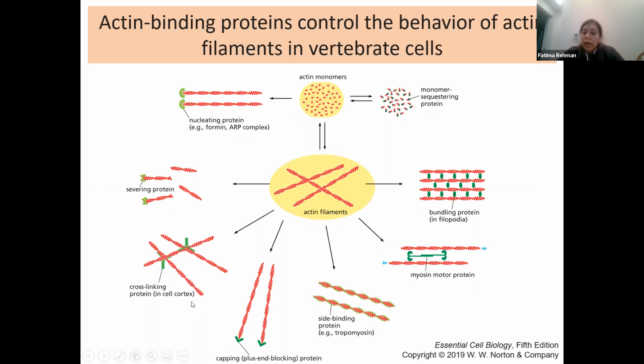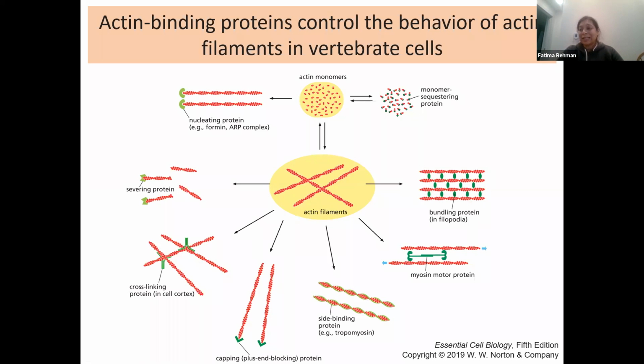They can also be stabilized. So again, they're going to be just like microtubules normally, with dynamic instability, constantly polymerizing and depolymerizing, but they can be capped off on the plus end with a capping protein, which then stops it from elongating further. They can still depolymerize and shorten, but they cannot elongate any further.